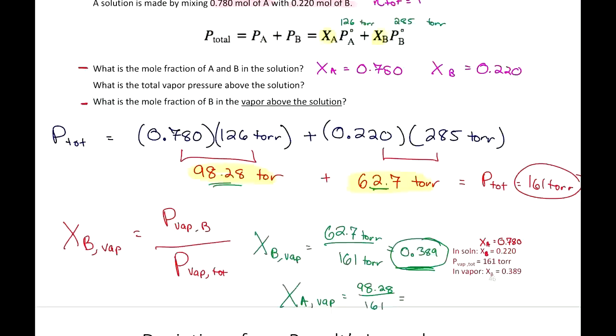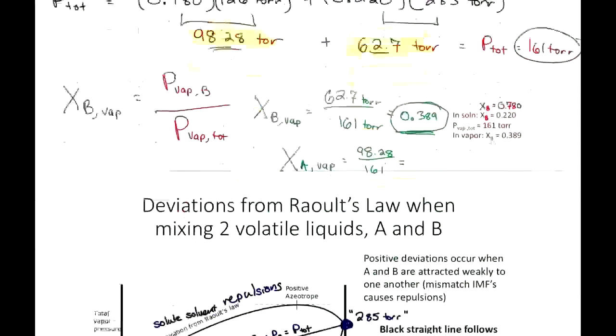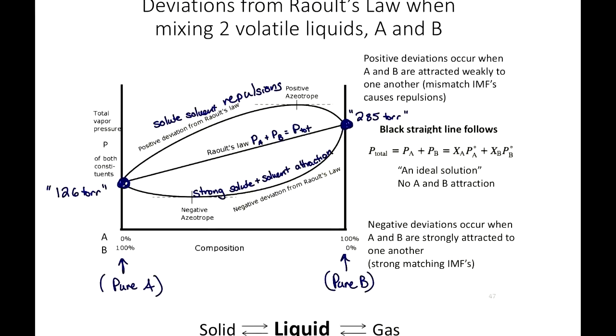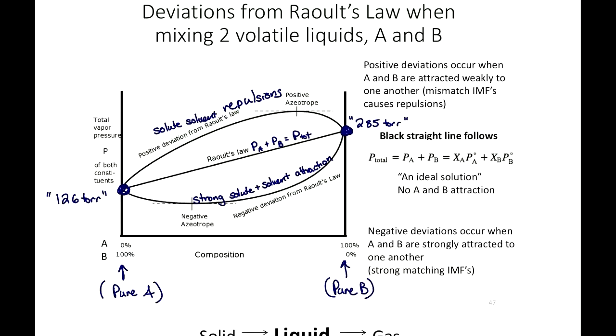All right, I got 2 minutes. There's one last slide in this section that I'm going to go over, and that is deviations from Raoult's law. What we just calculated was using this equation, Raoult's law, where all we have to do is utilize the mole fractions of two components in a mixture and multiply them by their respective vapor pressures.